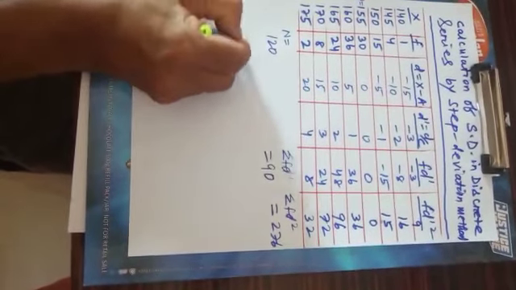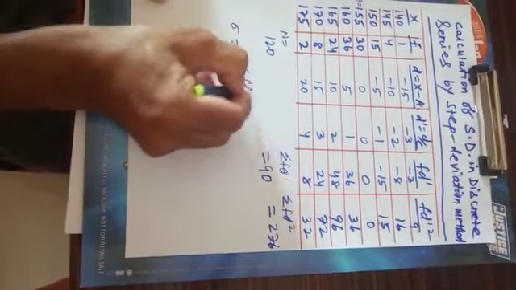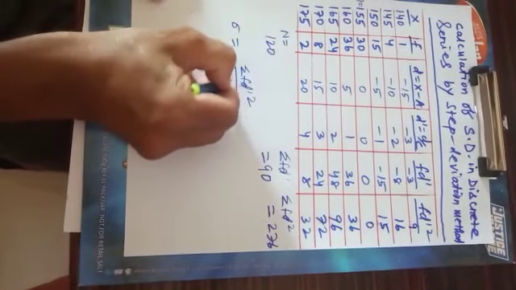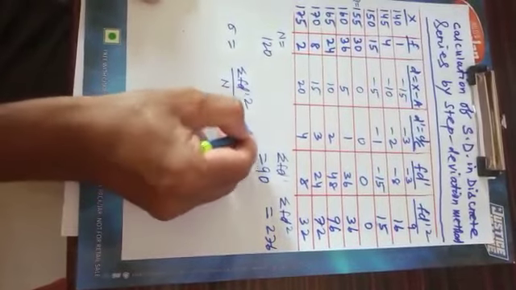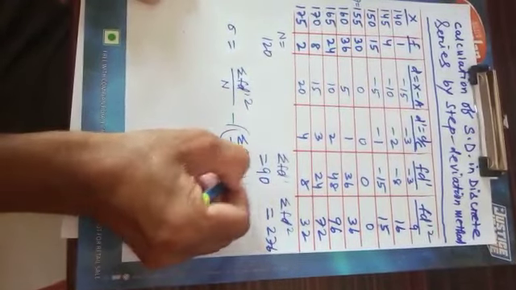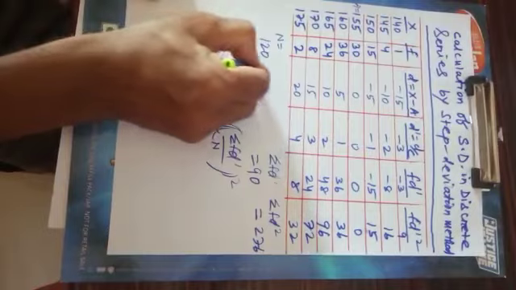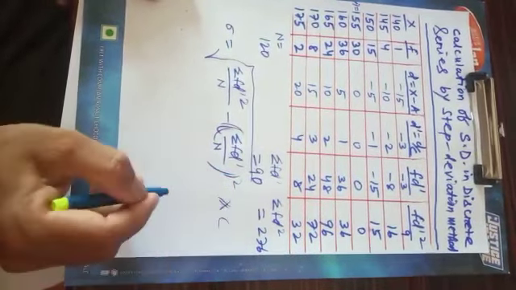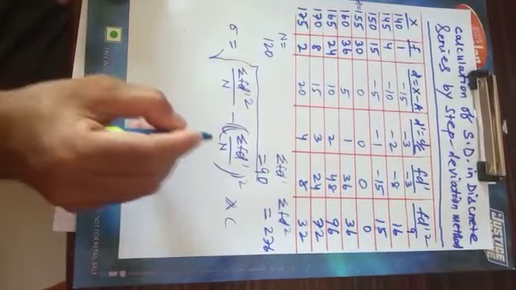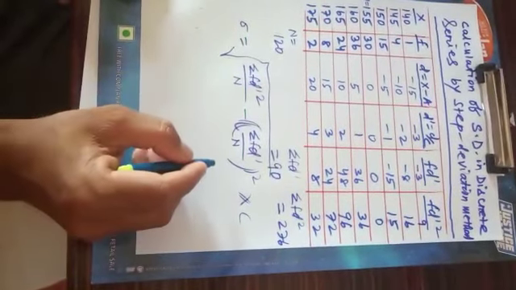So the steps have been completed. Now we have to put the formula. Standard deviation is equal to square root of summation fd dash square divided by n minus summation fd dash divided by n the whole square, into c. Remember, standard deviation is independent of the origin and not independent of the scale.